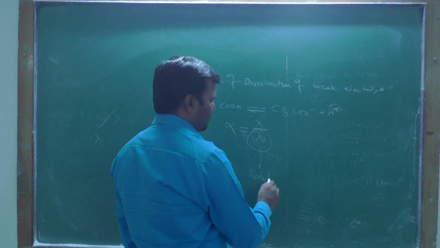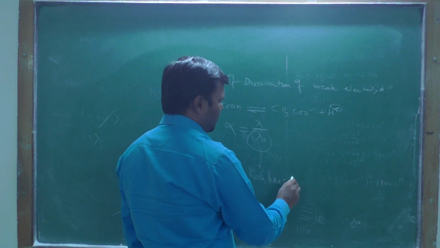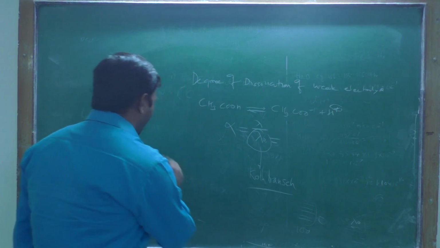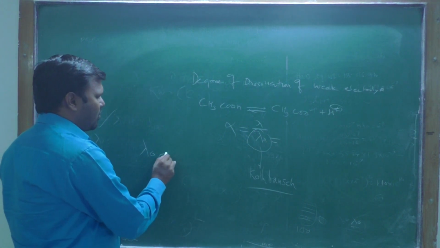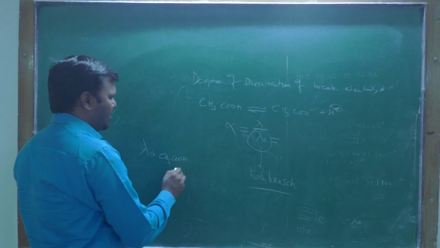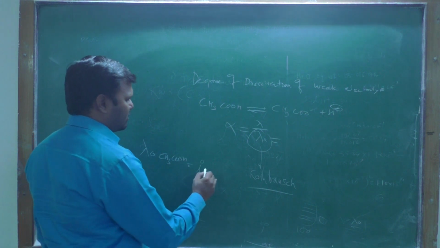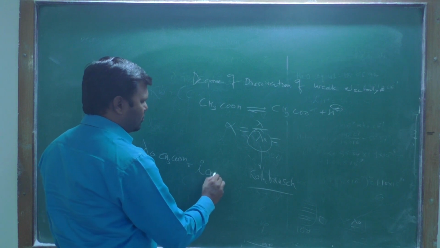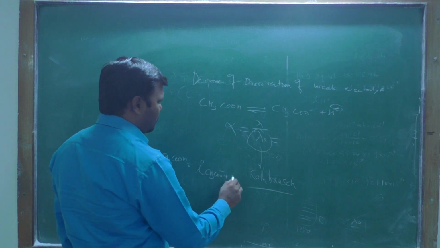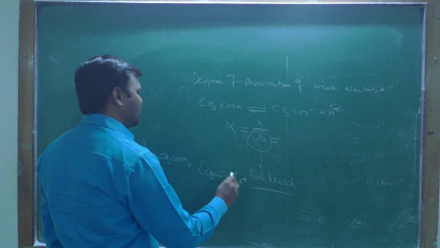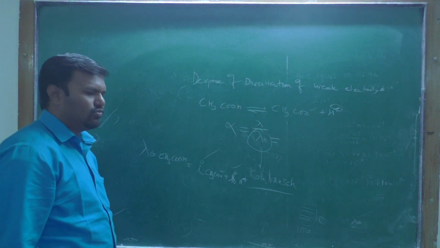By using Kohlrausch's law you can find the lambda 0 value for acetic acid. Lambda 0 for acetic acid CH3COOH, by Kohlrausch's law, is equal to the equivalent conductance of the CH3COO minus ion plus the equivalent conductance of the H plus ion.